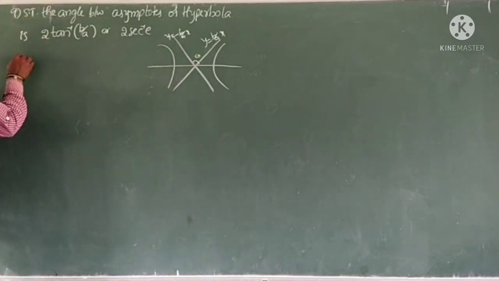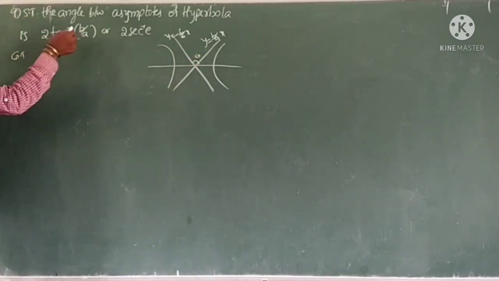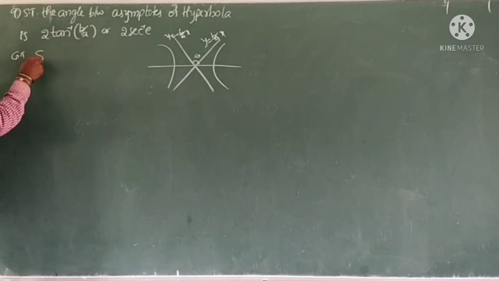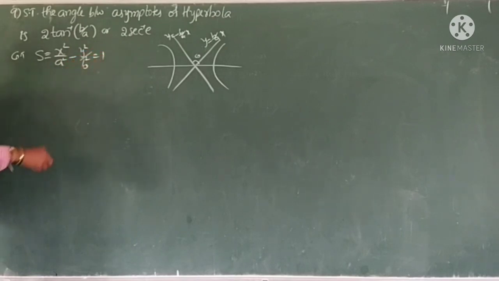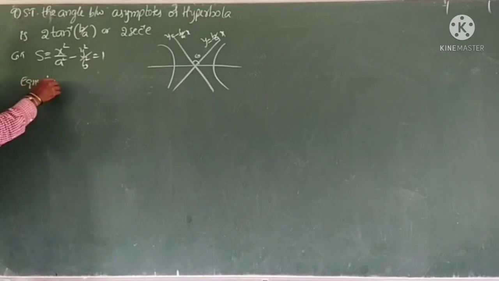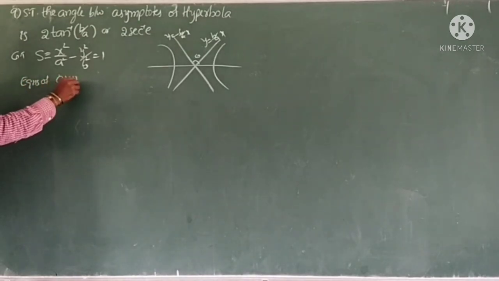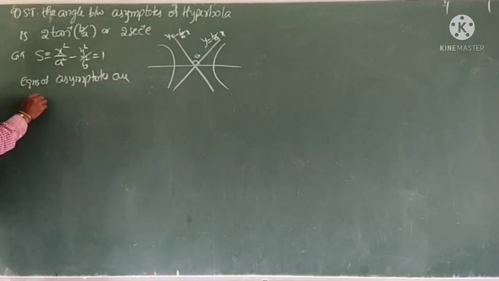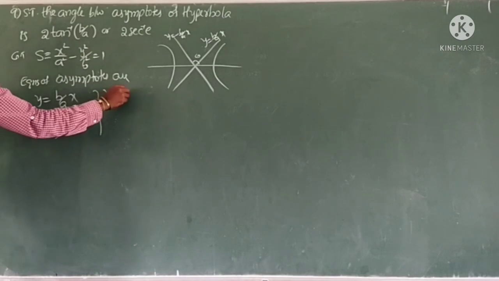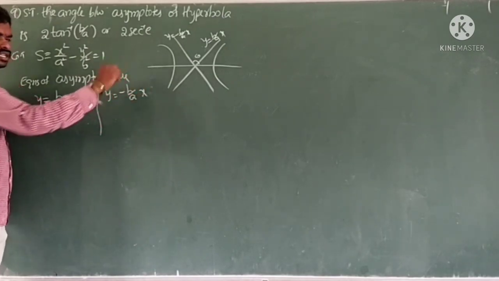So first let us write down the given equation of hyperbola. We know that the hyperbola equation is x square by a square minus y square by b square equal to 1, and the equations of asymptotes are, one is y equal to plus b by a x and second one is y equal minus b by a x.